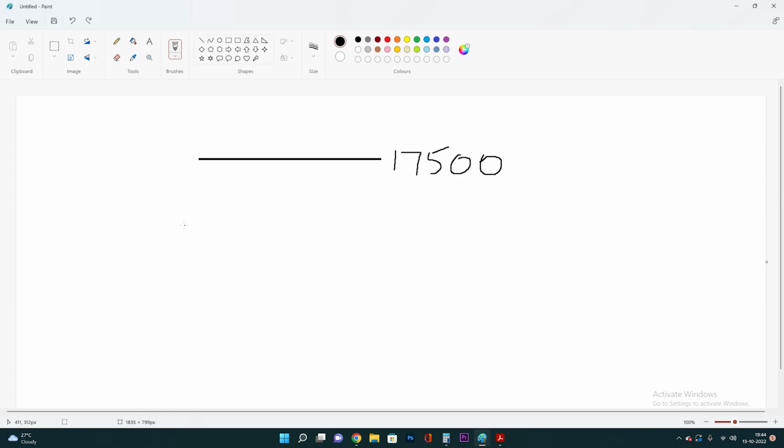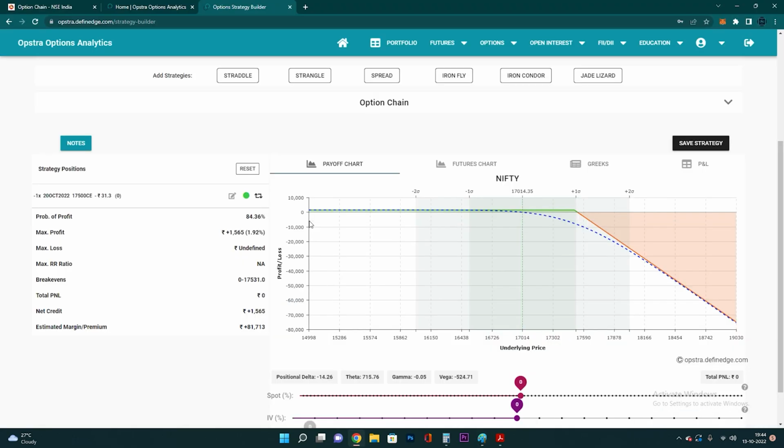In case 3, even if the market is range bound, you will get full profit unless the market goes above 17,500. This is the greatest advantage in options selling. But if the market moves violently upwards, on the loss side, your loss is undefined.